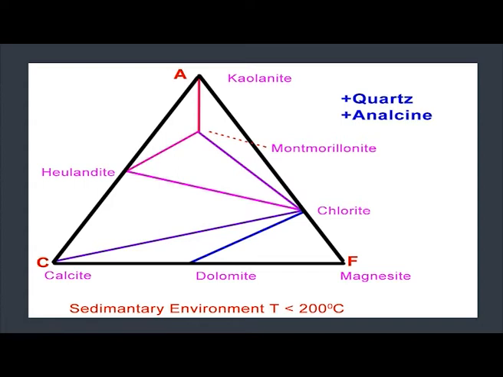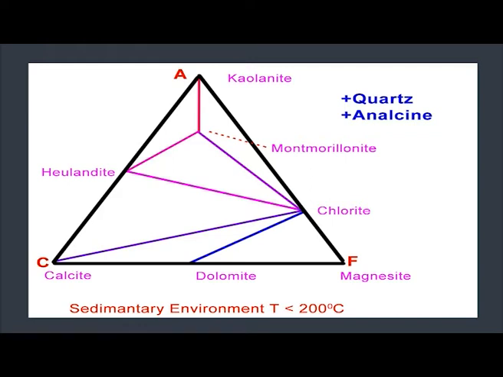As per the ACF diagram of zeolite facies, when the temperature is less than 200 degrees centigrade, that is purely sedimentary environment, we can see the following assemblages: kaolinite, heulandite, calcite, dolomite, magnesite, chlorite and montmorillonite, etc.